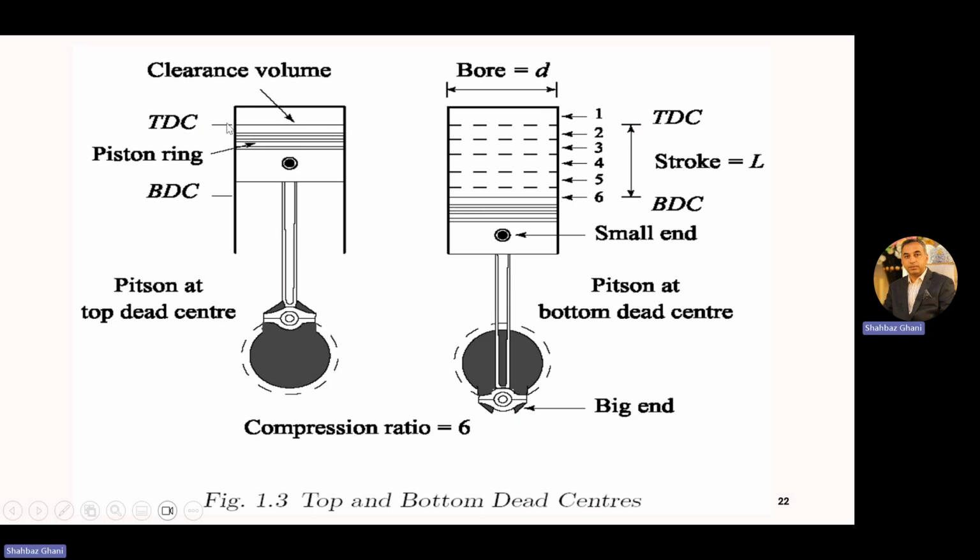Now, the piston at this maximum upward position is known as your top dead center. When this crankshaft rotates and this crank pin comes to this point, the piston will be at this location, that is your bottom dead center.